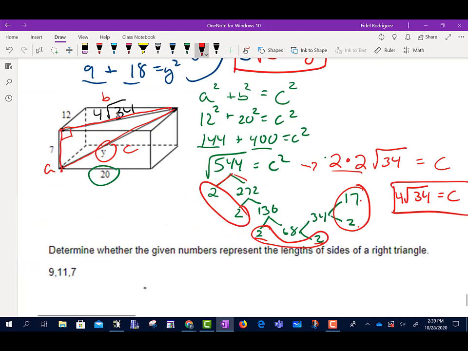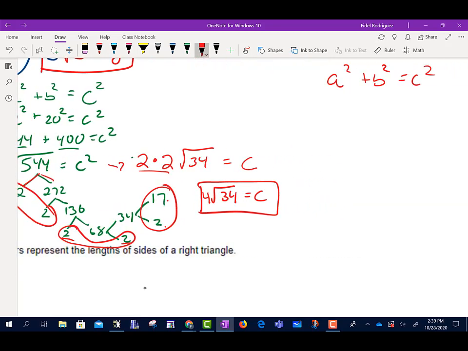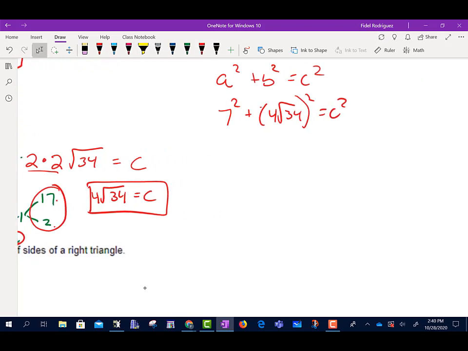And then I'm going to come back over here and say, what was my A again? My A was 7, and my B was 4 square roots of 34. So this is 7 squared, plus 4 square roots of 34 squared, equals C squared. And I'm going to go slow. So 7 squared, 7 times 7 is 49.